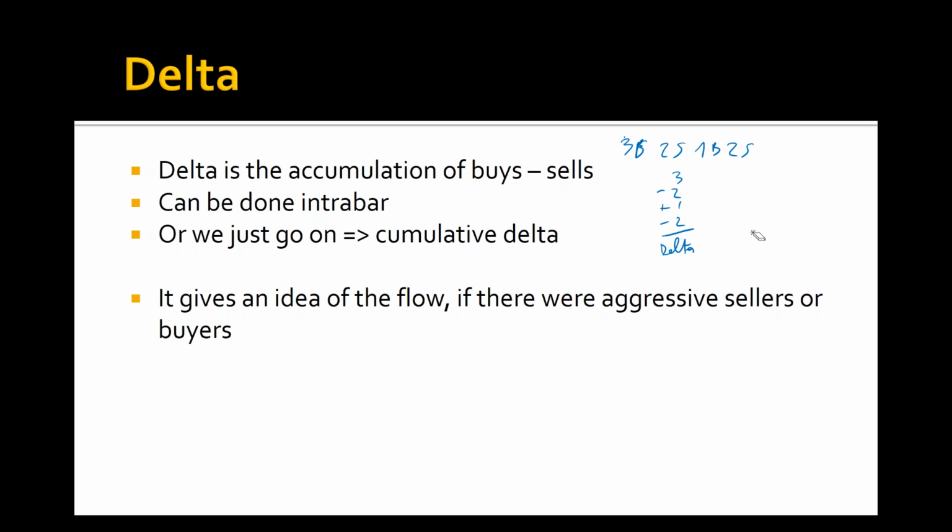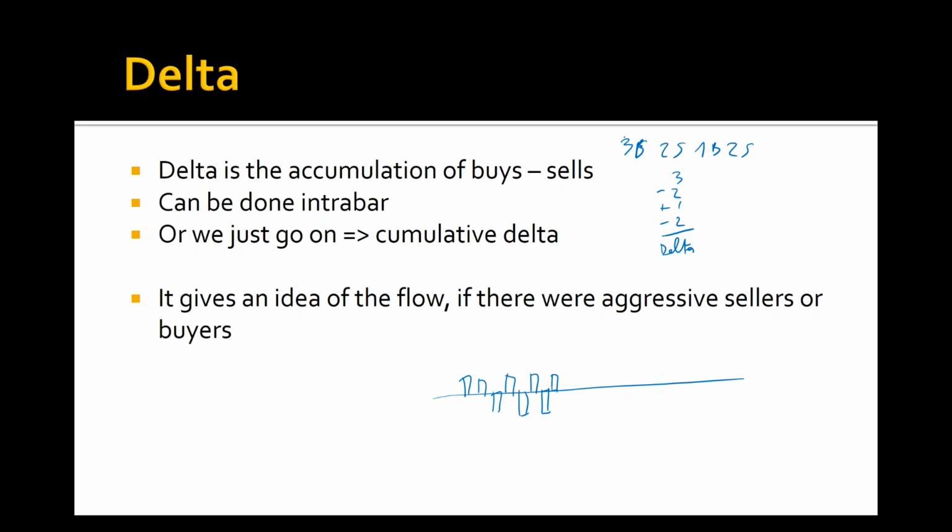So we accumulate the delta for the first bar, and then we continue with the last value on the next bar, etc. And this is how we construct the cumulative delta. So typically a delta chart with only delta bars, you have only little candles like this, which are the delta of your price bars, okay?